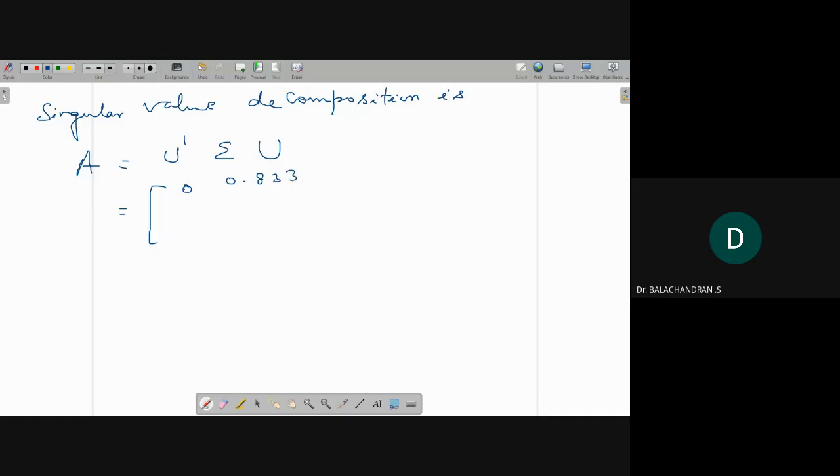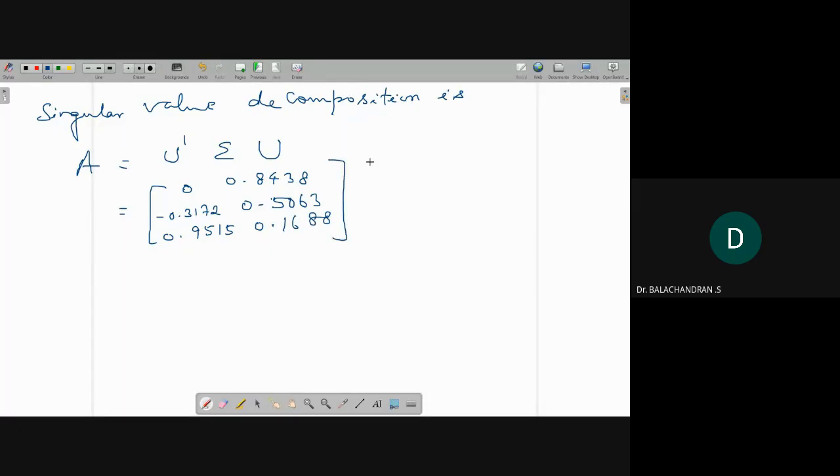8438, and minus 0.3172, and here 5063 and then 0.9515, 0.1688.